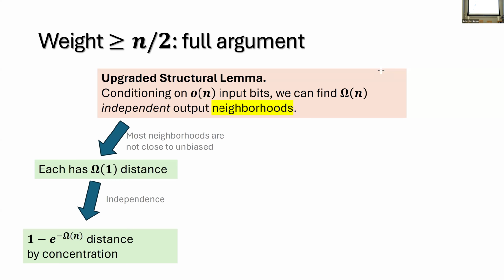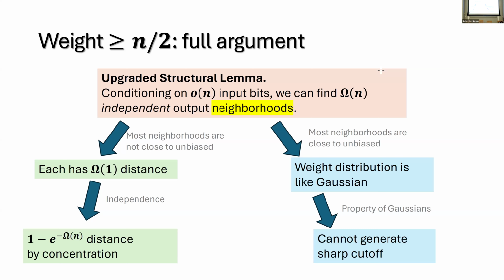On the one hand, we view this neighborhood as just a larger output, a larger alphabet. And if those neighborhoods are not close to unbiased, which is what the target distribution is supposed to be, then each neighborhood will witness some constant deviation from your target distribution. Because they are independent, you can use the same concentration argument to show that it is 1 minus exponentially small in n far from your target distribution. So this is one case. The other case is assuming most neighborhoods are actually close to unbiased, which is what you want for the target distribution.